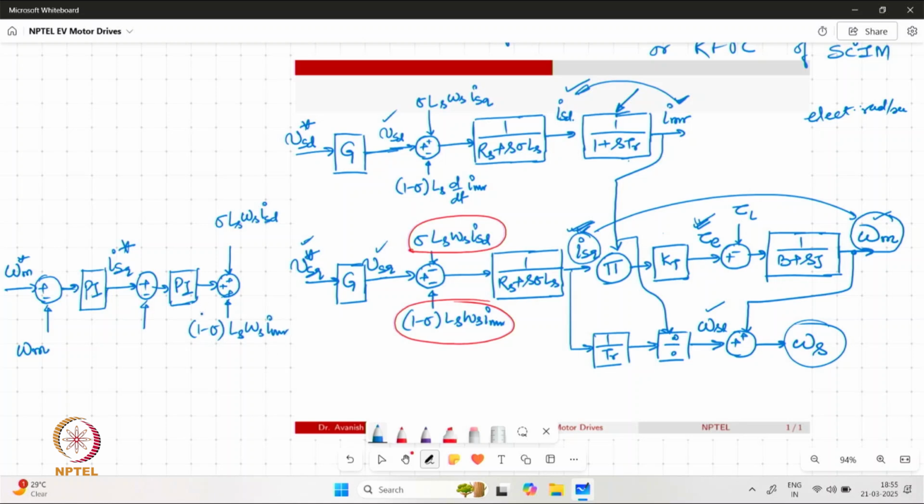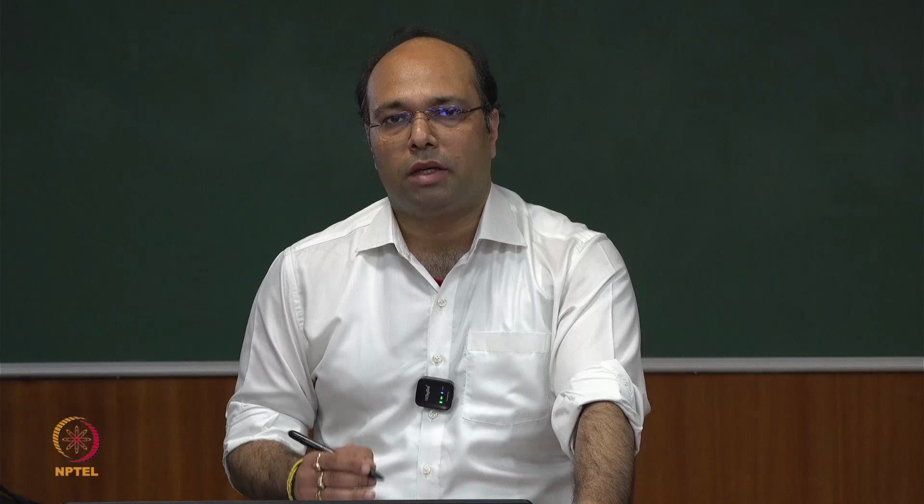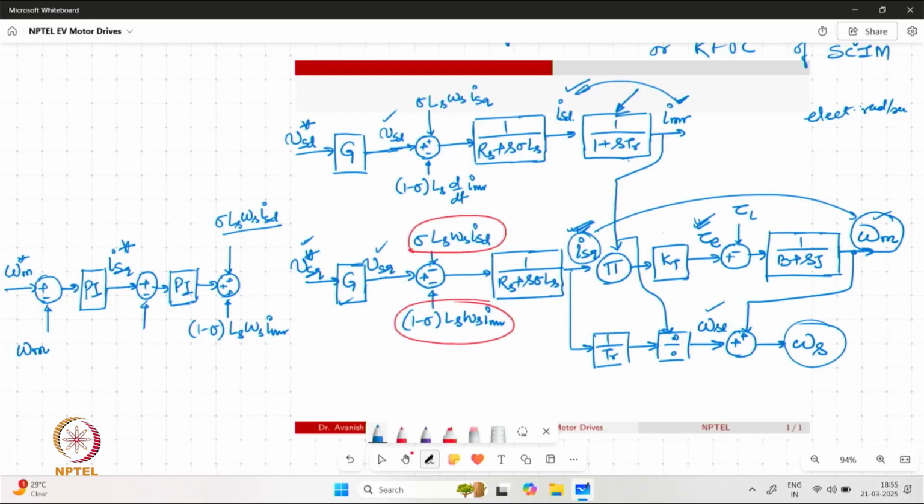Now, as I said, we are adding these terms to the reference signal, which is eventually going to get multiplied with the gain of the inverter to generate the actual voltage. We need to scale these terms also with respect to the gain of the inverter. Now, the output generated by this combination is going to drive the system for generating the desired voltage at the machine terminal. Now, we can similarly approach the D-axis system also.